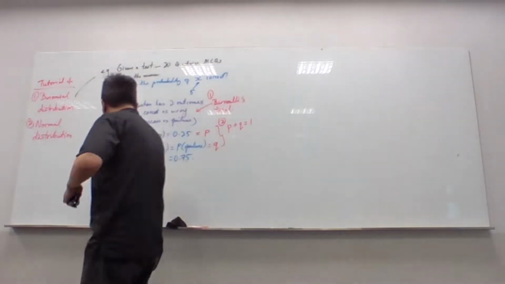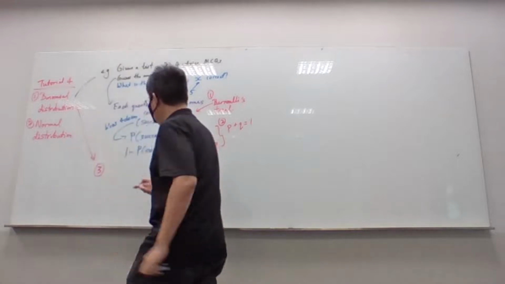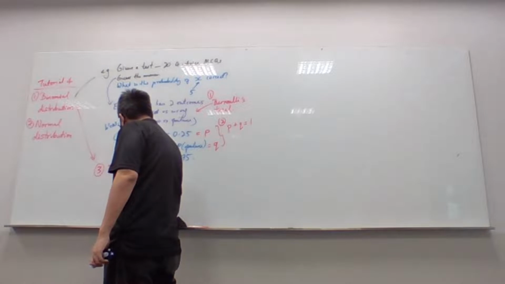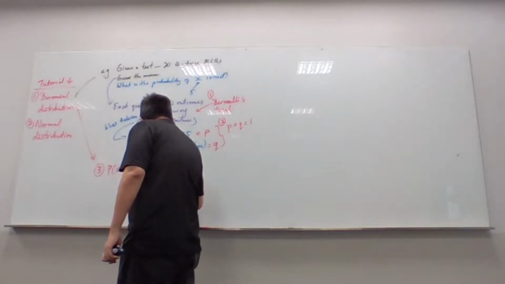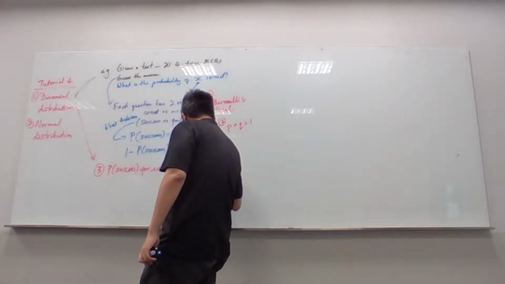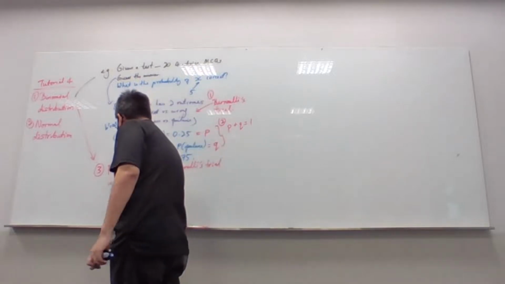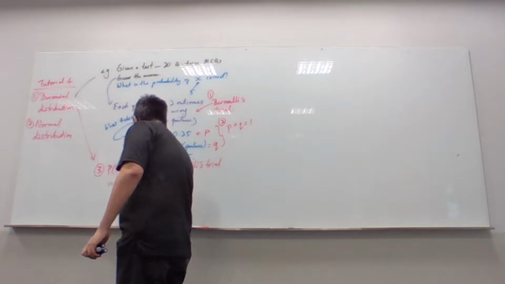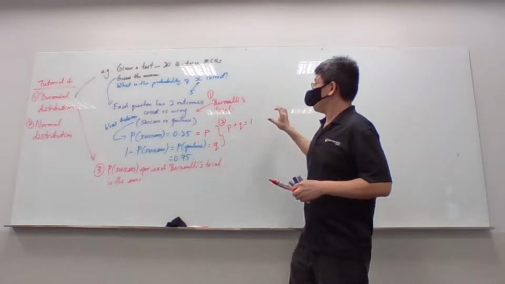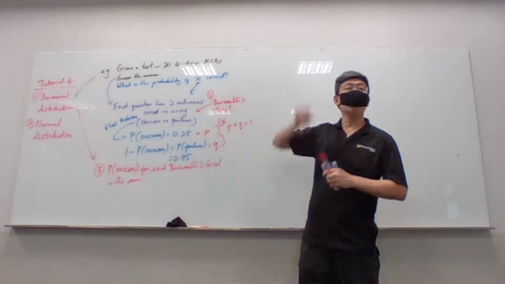The third criteria for using binomial distribution is that the probability of success for each Bernoulli's trial is the same. That means for every question, the chance of getting it right randomly is only 25% for every single one of the 20 questions.